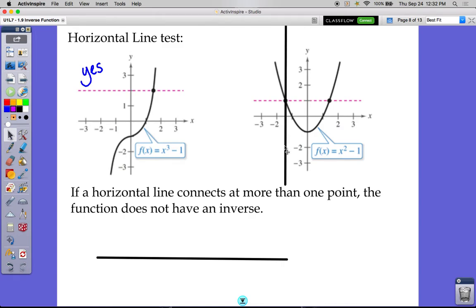We know that this function right here does not have an inverse because it does not pass the horizontal line test. So if a horizontal line connects at more than one point, the function itself does not have an inverse. So x squared minus 1 as it is cannot have an inverse because it will fail the horizontal line test. It passes the vertical but fails the horizontal. So the function is fine, but no inverse.